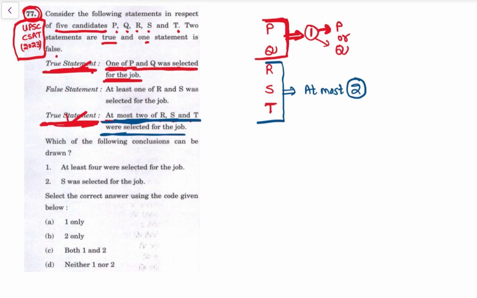That means it can be either 0, or it can be 1, or it can be 2. At most 2, maximum 2: 1 can also be selected or 0 can be selected. So, 0 means that among R, S and T, no one is selected.